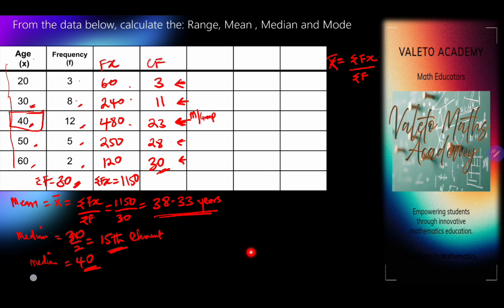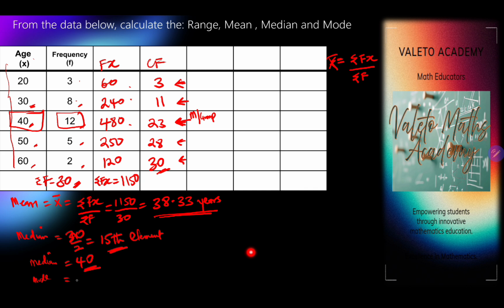Then we look for our mode. Our mode simply means the element that has the highest occurrence in the data set, the highest frequency. If you look at our frequency table, the highest frequency is 12. And which age has the highest frequency?